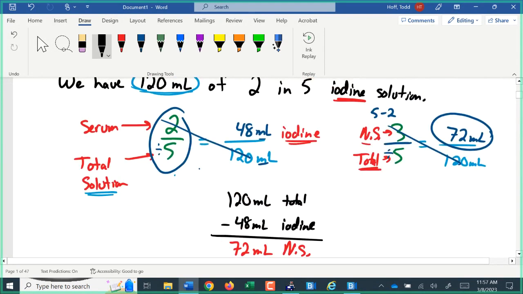So here we were able to find the serum given the total, and the amount of sterile water given the total.